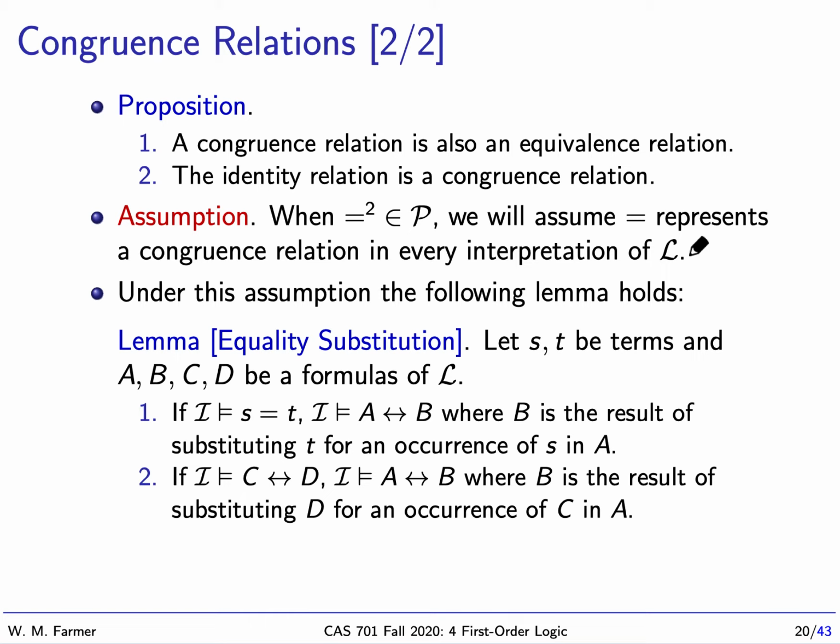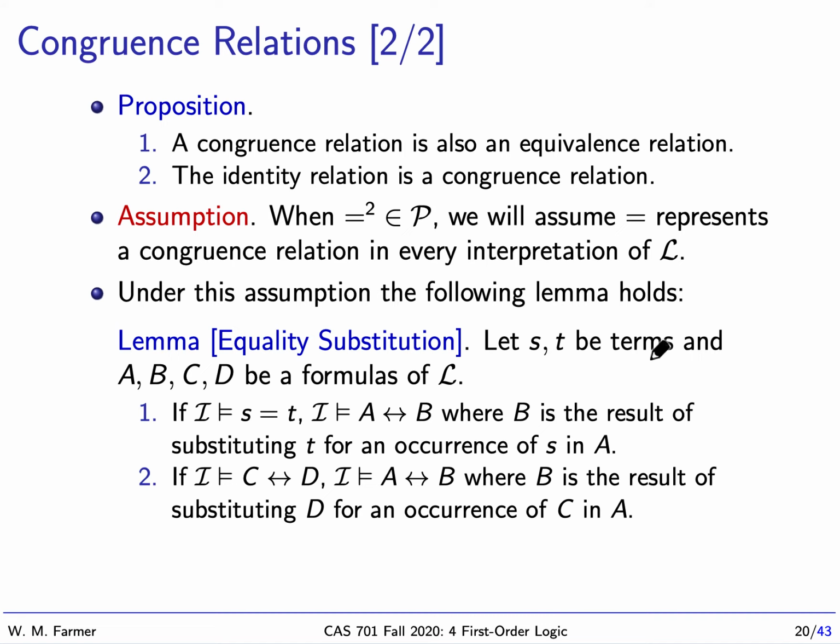So whenever we have equals, we're assuming it's going to represent a congruence relation. So when we define an interpretation, we don't even have to say what equals maps to. It will always be a congruence relation. And if we make this assumption, then we get this very nice lemma.